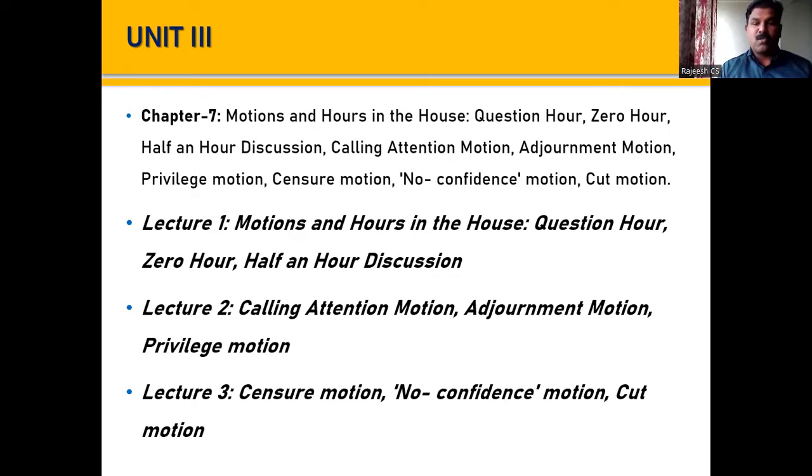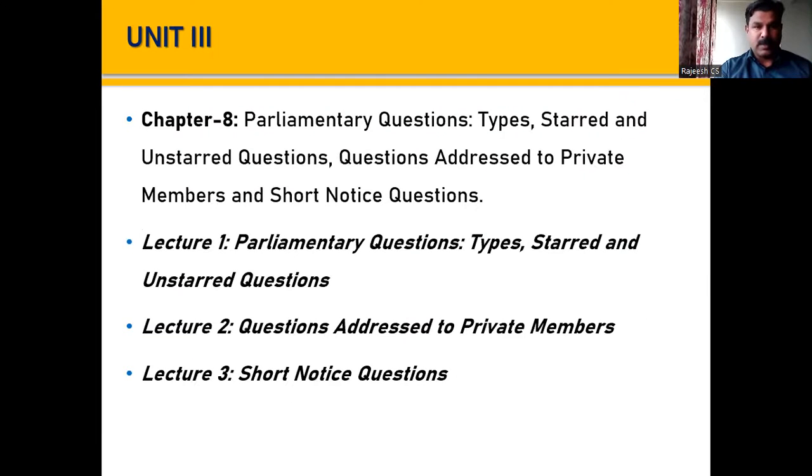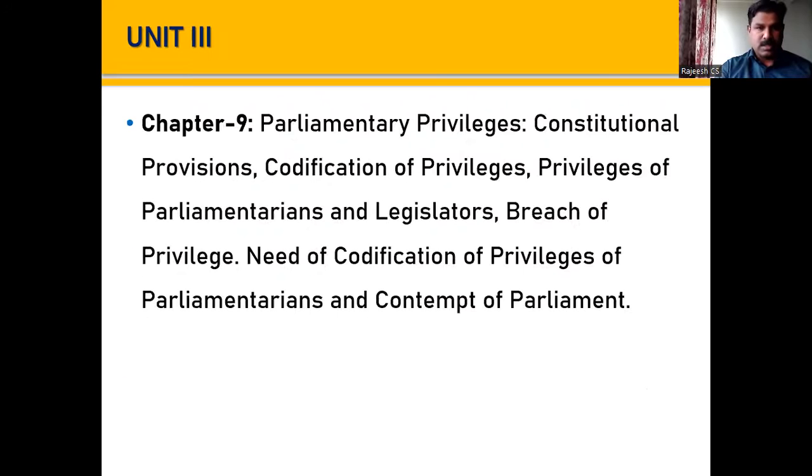Censure motion, no-confidence motion, and cut motions will be discussed in Lecture 3. Again, Chapter 8, we have three lectures. Lecture 1 deals with the types of starred and unstarred questions, which come as part of parliamentary questions. Lecture 2, questions addressed to private members. Lecture 3, short notice questions.